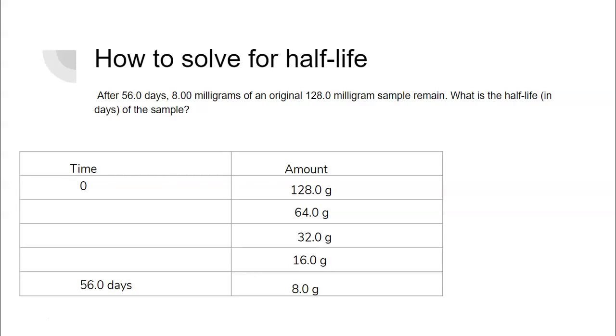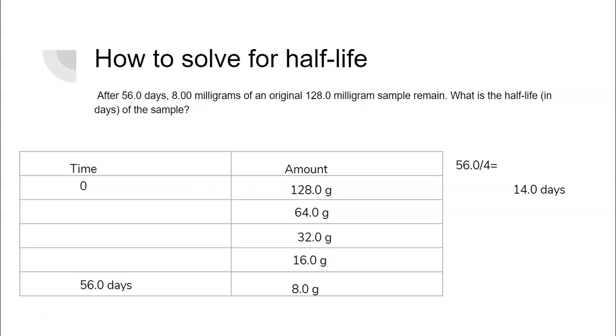So now I'm going to take that 56 days, and I'm going to divide it by 4 because that's how many cuts I made. I made 4 cuts, okay, or 4 halves. So 56 divided by 4 is 14 days. So the half-life of this sample is 14 days.